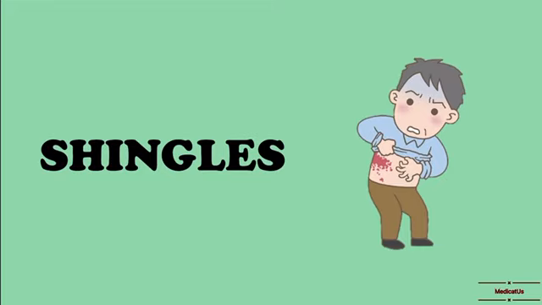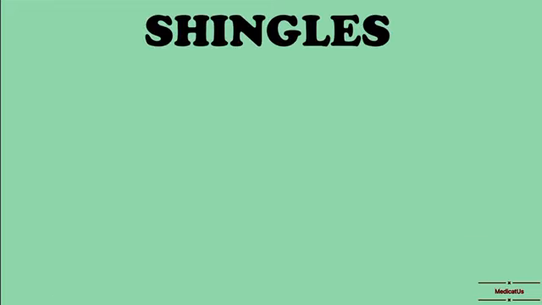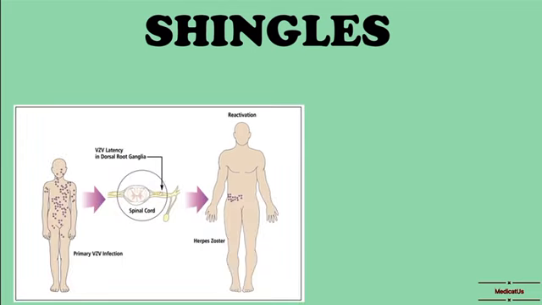Now starting with shingles. If someone had varicella in his childhood, then sometimes this virus goes and hides itself in the dorsal root ganglia of the spinal cord and can cause reactivation in the adult stage due to old age or any immune deficiency.